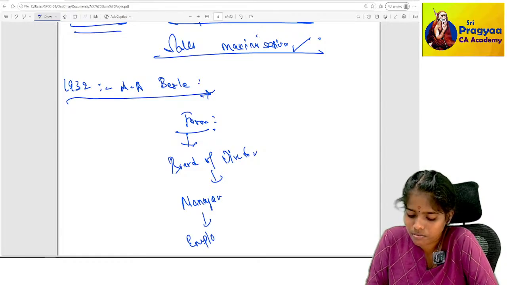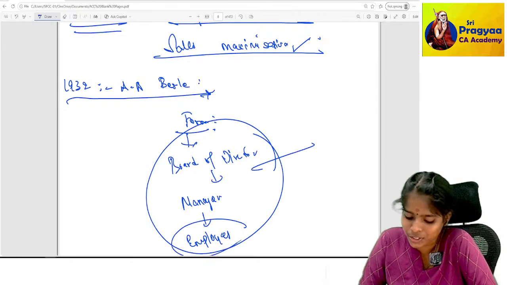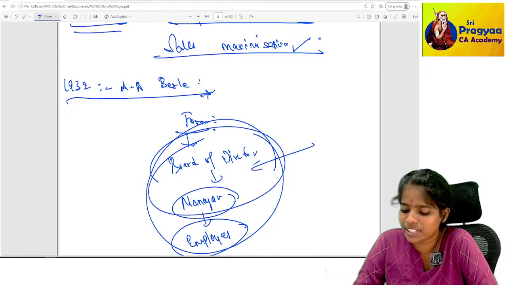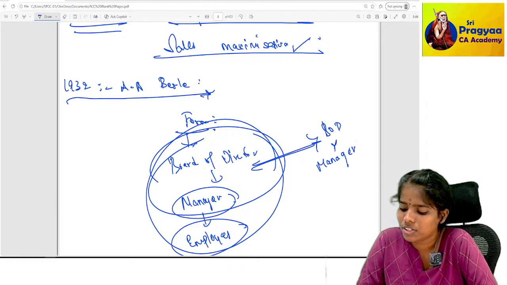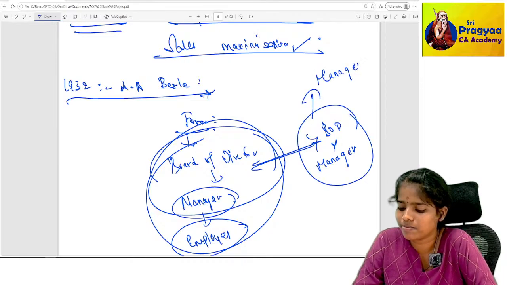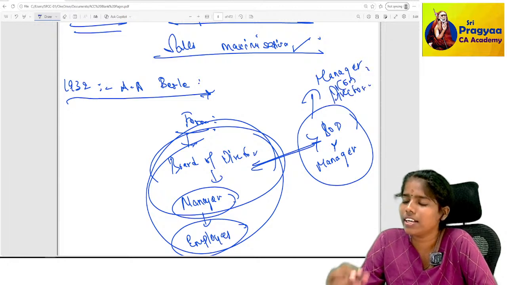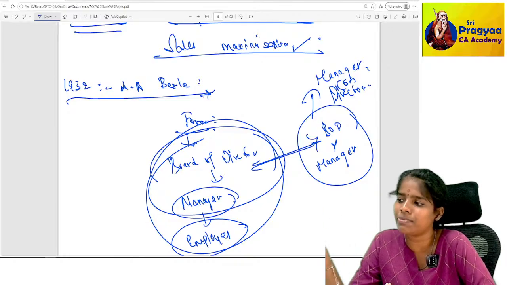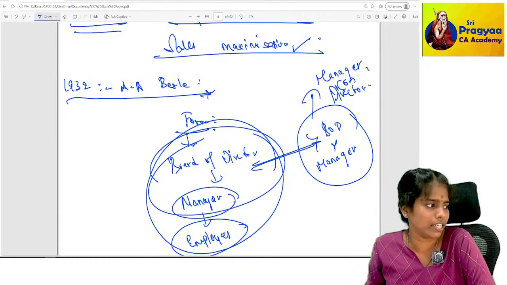So these people only are there in my office. Employees do what the manager tells. So all the decision taking power lies within board of directors and managers for day-to-day activities. So what goal to be set is discretion of the manager or director. That is what his theory is. என்ன goal set பண்ணுன்றது is the choice or the discretion of the manager, because ownership and management is separated under this form. Did you understand?